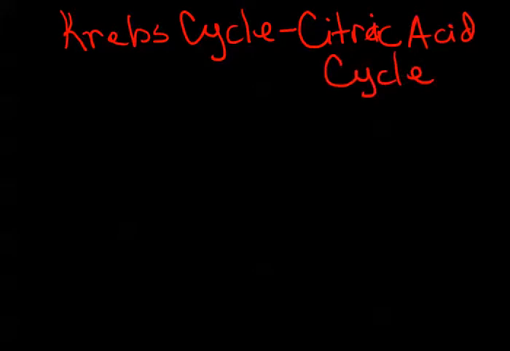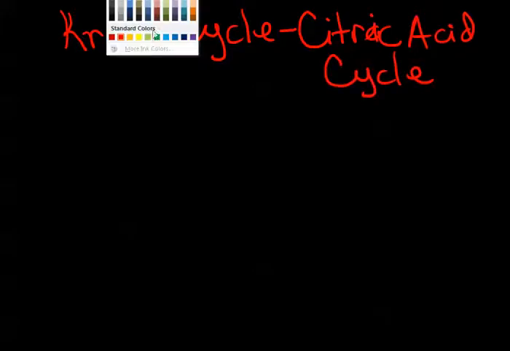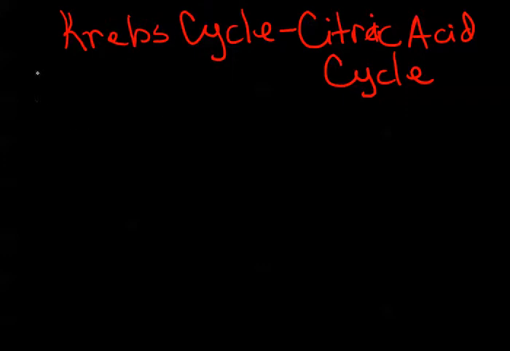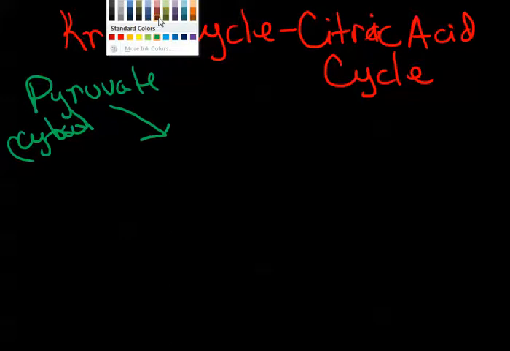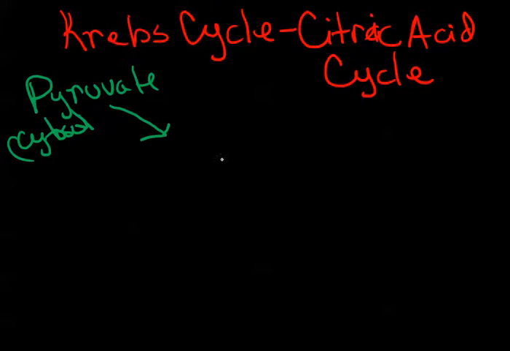Now, when we left off from glycolysis, we had a pyruvate, and that was on its way to the mitochondria. Remember, glycolysis is in the cytosol. And so then we have our mitochondria.